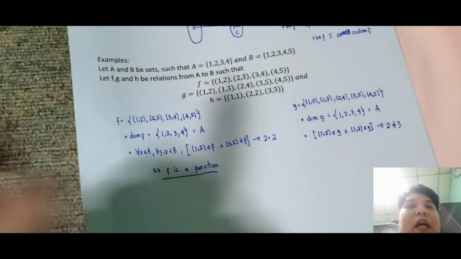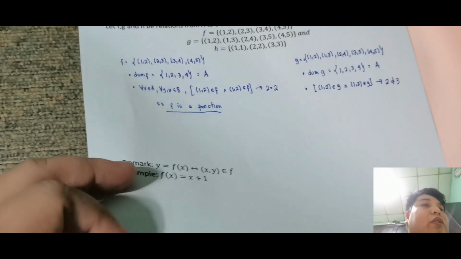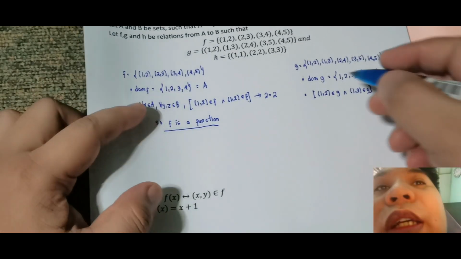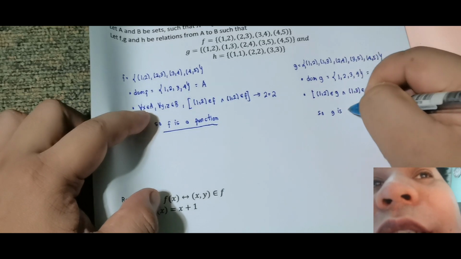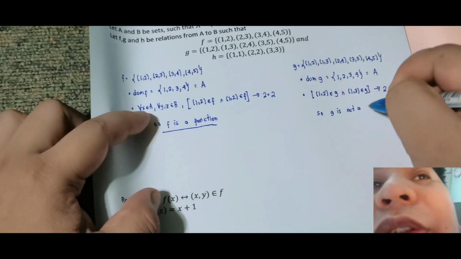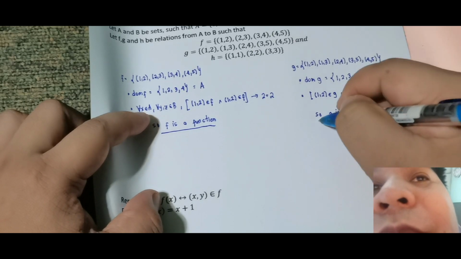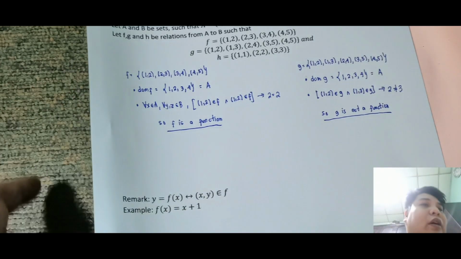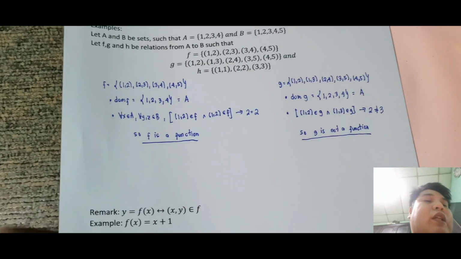Okay, so tandaan nyo, nakakita lang ako ng isang example na kung saan na-violate niya yung condition letter B. So since na-violate niya yung condition letter B, G is not a function. Tandaan nyo lang, yung condition to din talaga yung crucial sa ating definition.